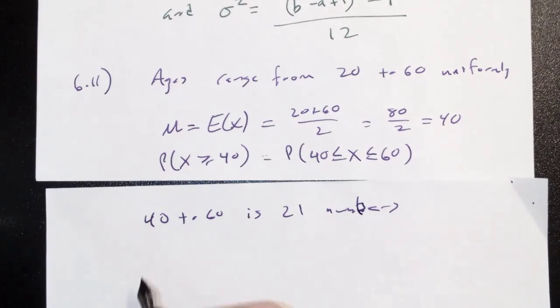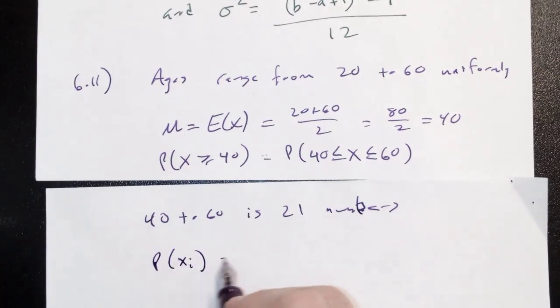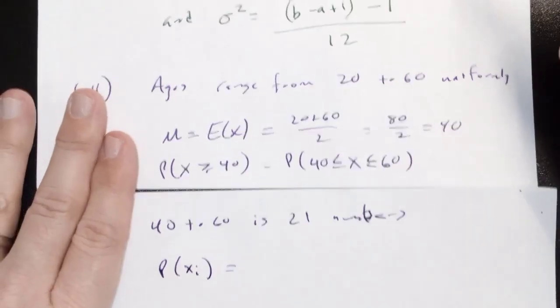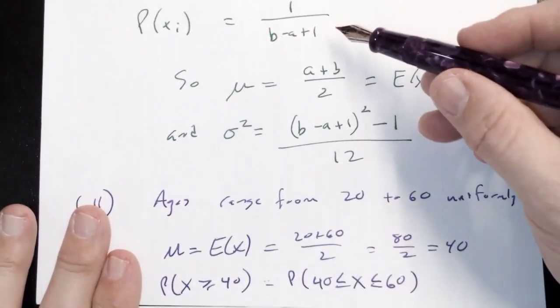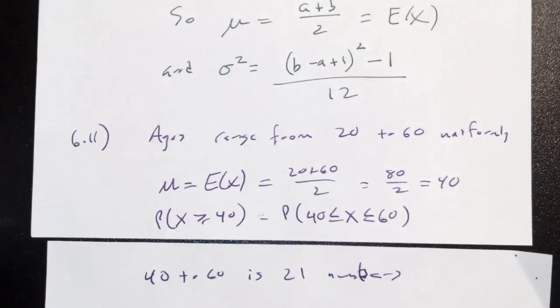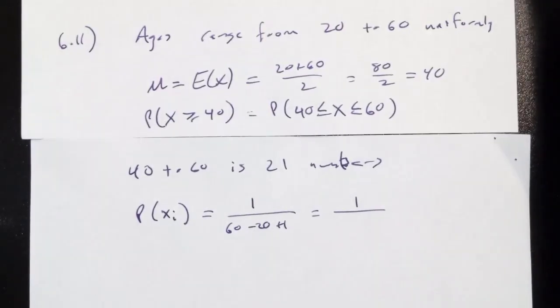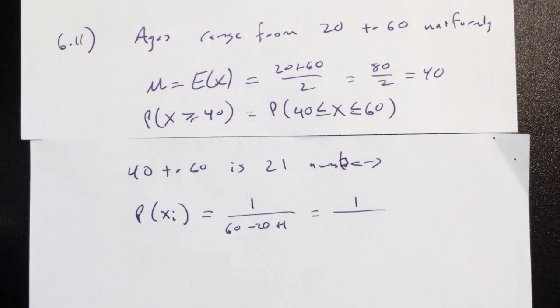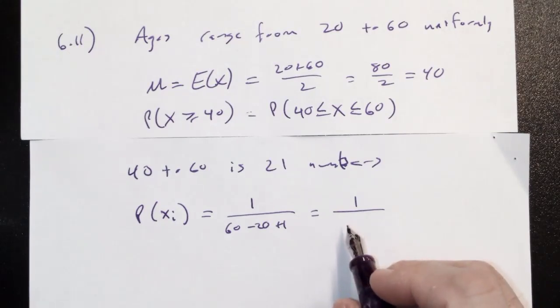So I'm asking you for the chance of 21 things. What's the chance of each of them? The probability of each of them. Oh, wait a minute. We wrote that up here. 1 over b minus a plus 1. So that's 1 over this bottom number.